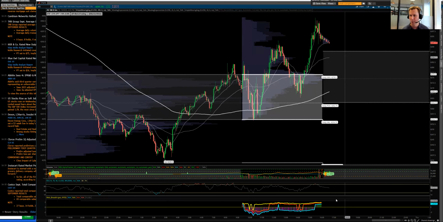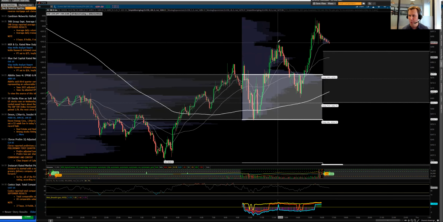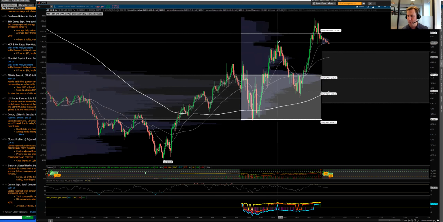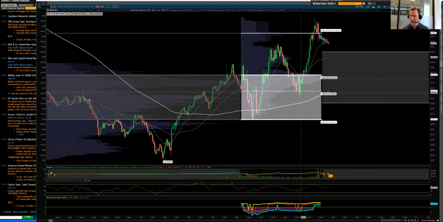Especially after the open, we started to sell off. Now we held the bottom of value, but then we made a nice move till about 12:30, and then we really started to give back those gains, right? And then buyers kind of ran with it a little bit, but again, if you thought it was an easy day, congratulations to you, but I thought it was kind of whippy.